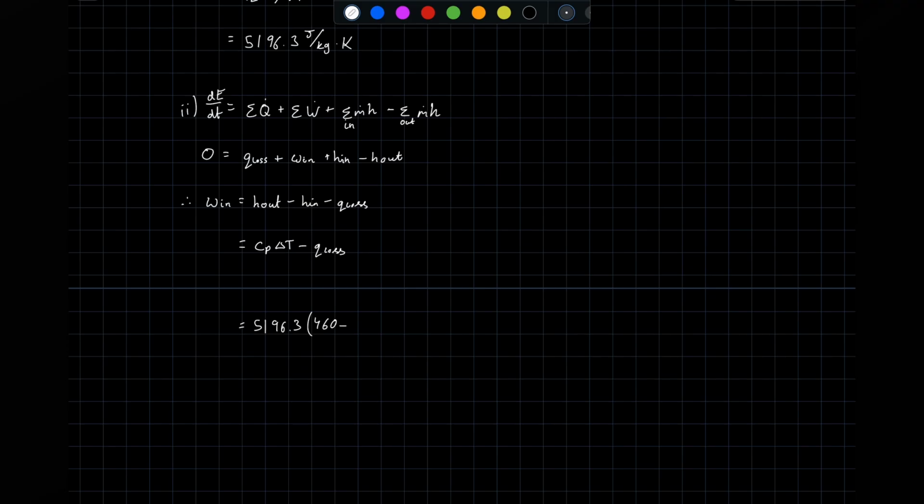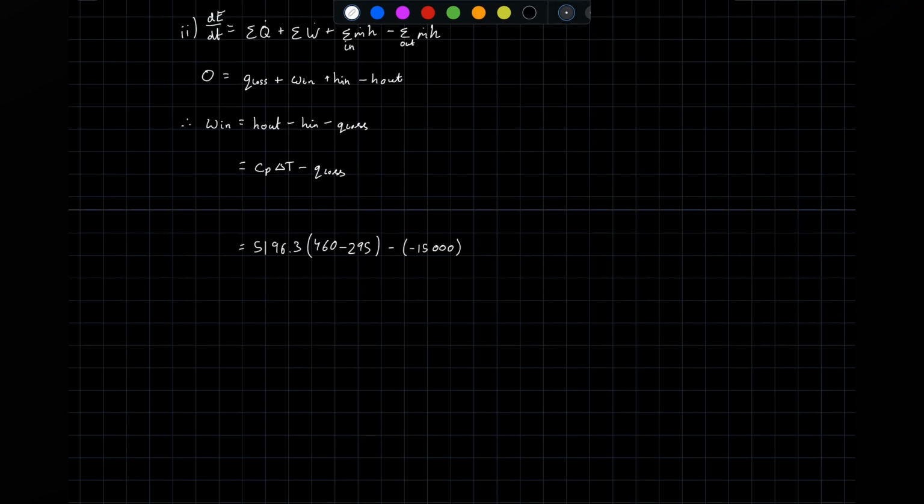Our two temperatures are 460 minus 295. And we need to subtract our loss, which was 15 kilojoules. And just so you don't get confused, this has units of joules per kilogram because we're working in energy per unit mass. So this works out to 872.39 kilojoules per kilogram.